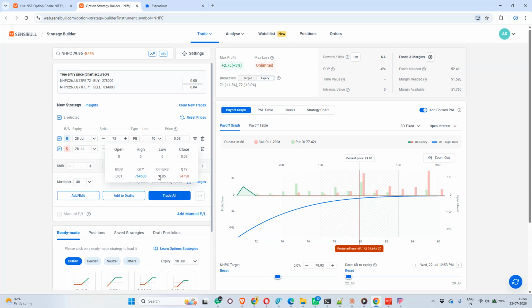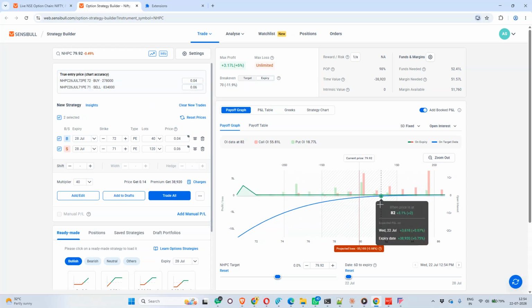It is 0.05 and 0.01. So let's say I'll be buying at 0.04, but sorry, not here, 0.04 I'll be buying, and I'll be selling at, let's say, 0.06. In that case it will be a return which is going to be positive. If I reduce it to 0.05, the result is still positive. If I reduce it to 0.04, I still make money.